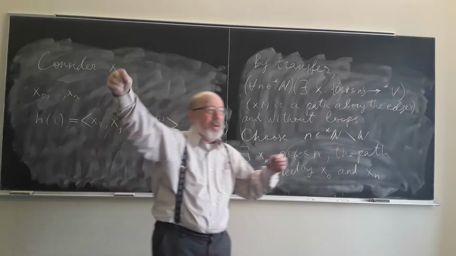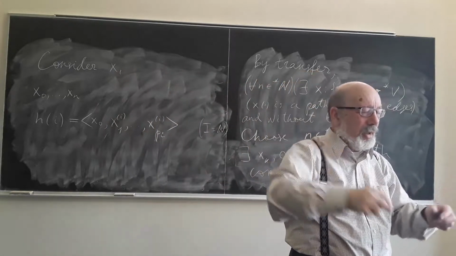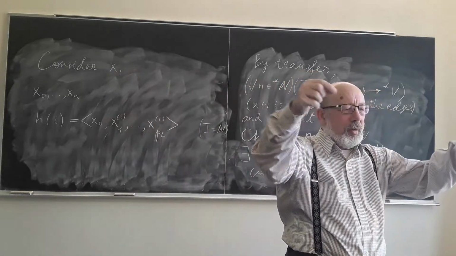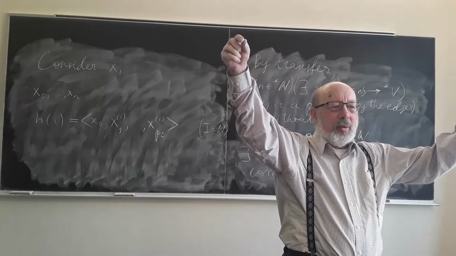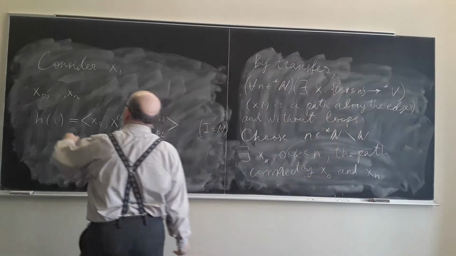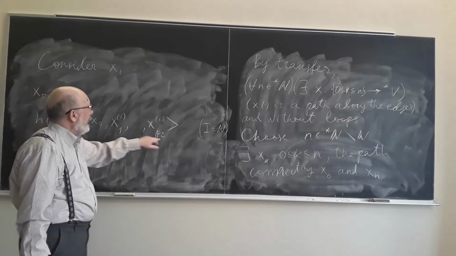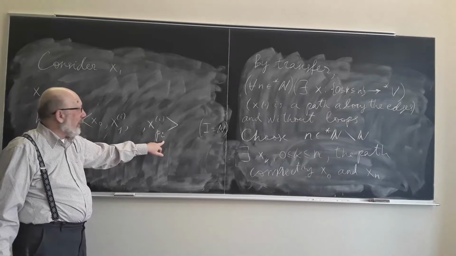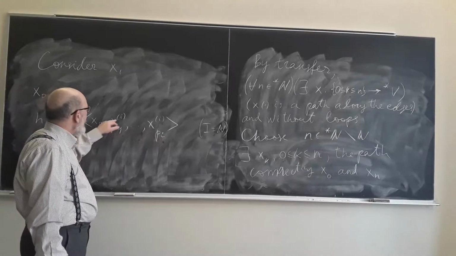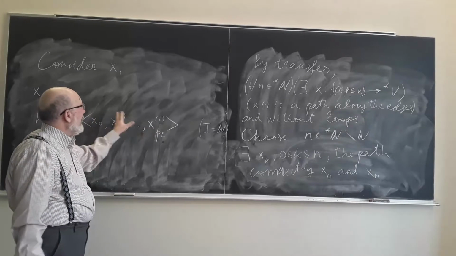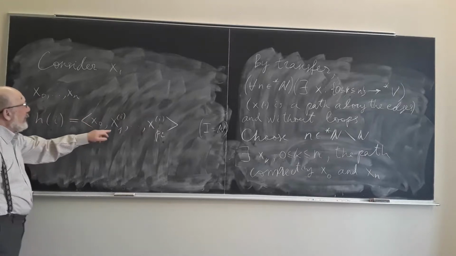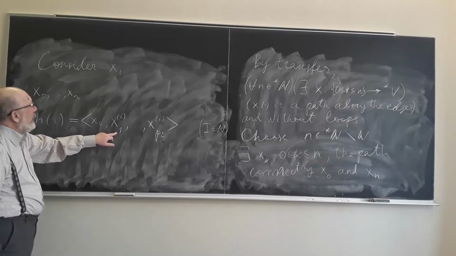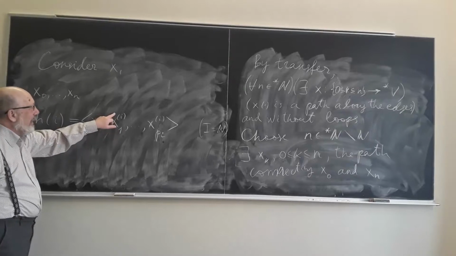So, what is the infinite path? Yes, we have to consider the sequence of finite paths, such that the length of this path goes to infinity almost everywhere. So h of i is the path of the length pi. Yes? Now this index, because in the joint part, they can be different. And now we have this x1 i, yes?